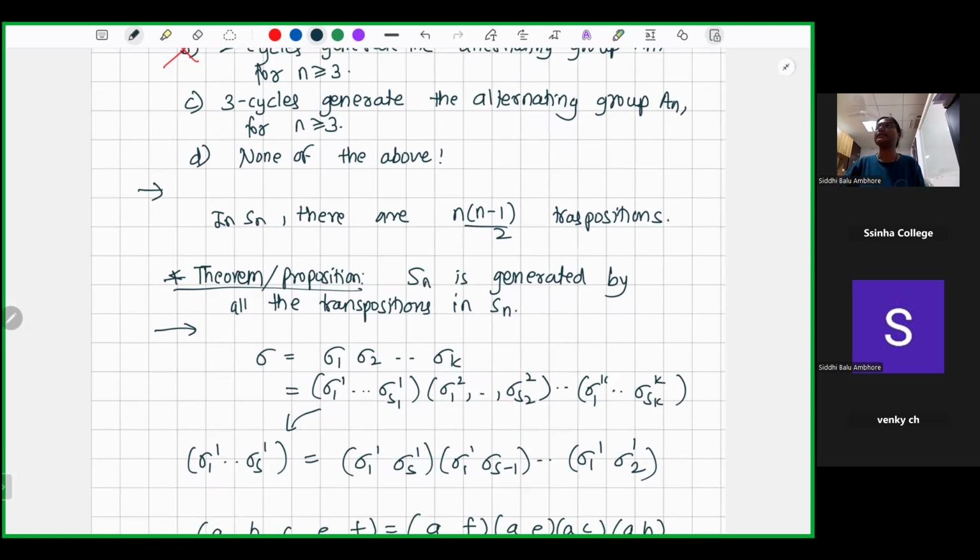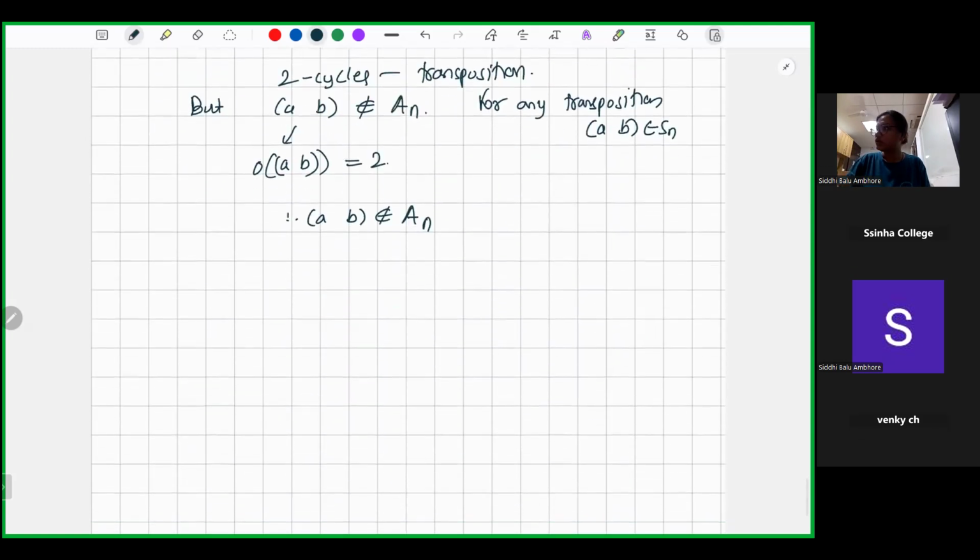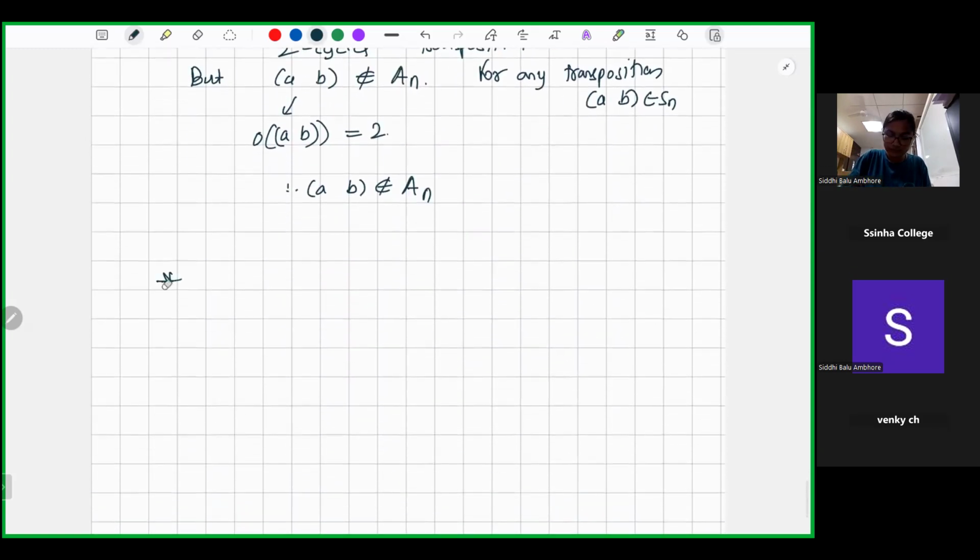First of all, note that any 3 cycle (a b c) has order 3. So any 3 cycle belongs to An, right?